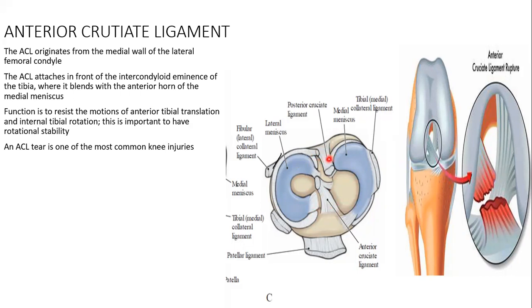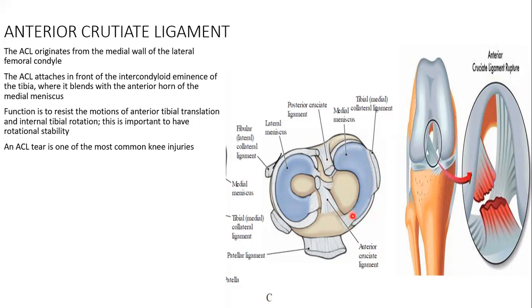So the anterior cruciate ligament is coming from the lateral condyle of the femur to the front of the intercondylar eminence of the tibia, where it blends in with the anterior horn of the medial meniscus. As you can see, this is the medial meniscus and that is the lateral meniscus. The medial meniscus has a posterior root, which originates from the posterior aspect of the intercondylar eminence of the tibia, to the anterior root.